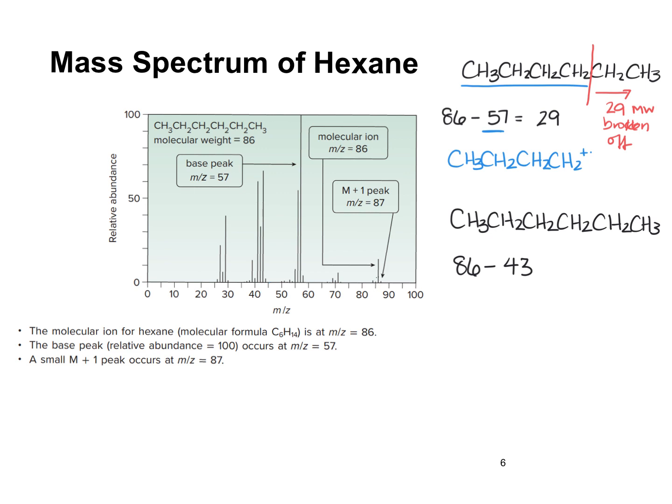So we can say, hey, look, this molecule is going to break off right here because that leaves 43. So what we are detecting then is this part of the molecule there.